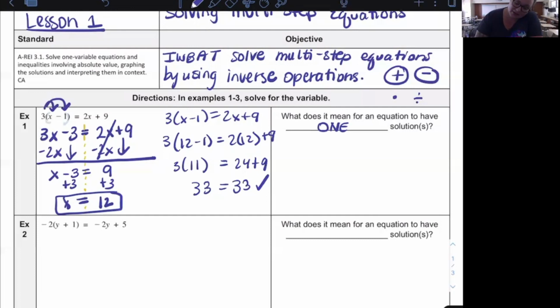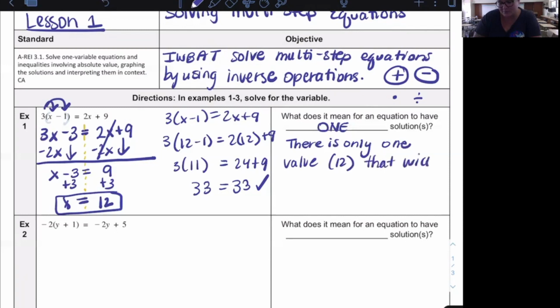So it means that there is only one value, 12, that will make this equation true. But for another equation, it could be a completely different number. In this case, x was equal to 12, so that value is 12.